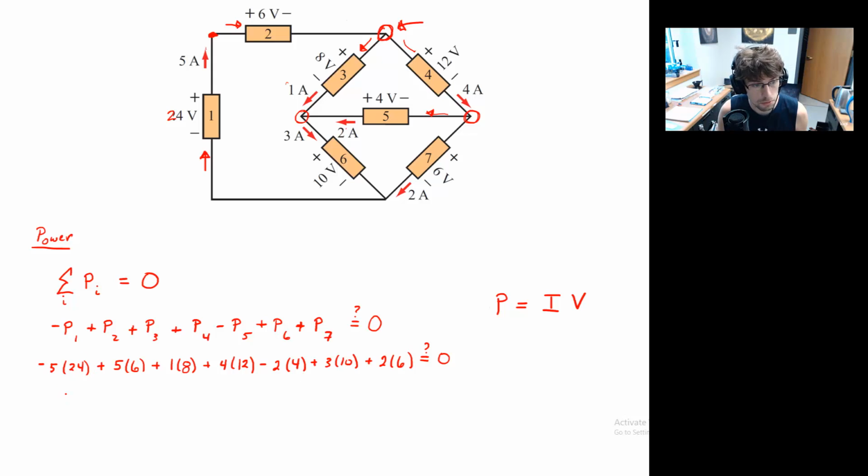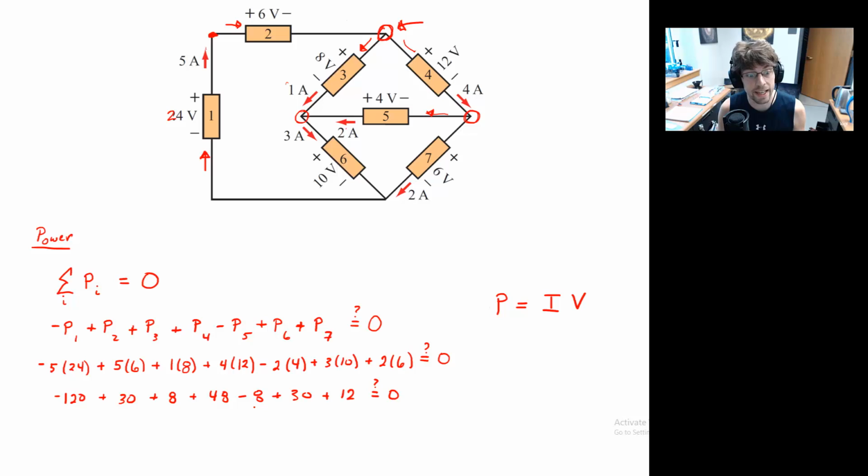Now we're just stuck with adding together a bunch of numbers. There we go. And so what do we have? Well, 120 plus 30, so that gives us a negative 90.